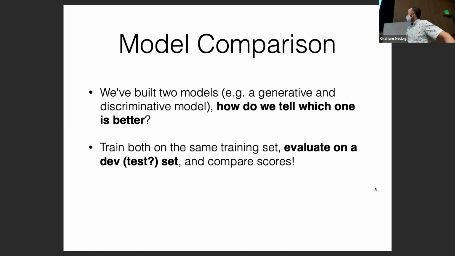The funny thing is, this sounds really basic, but actually in NLP, even this really basic procedure isn't done all of the time. Sometimes people will train on different training sets and evaluate and say one model is better than the other. They might say that some agglomeration of data and model is better than the other, but it's hard to say which methodology is better.